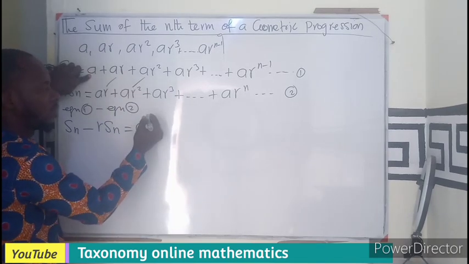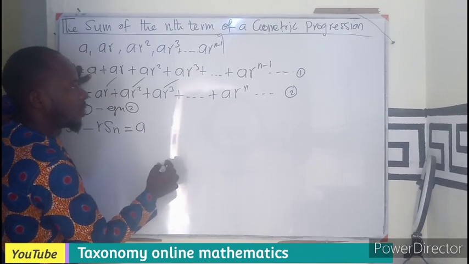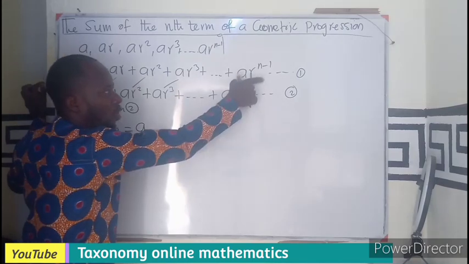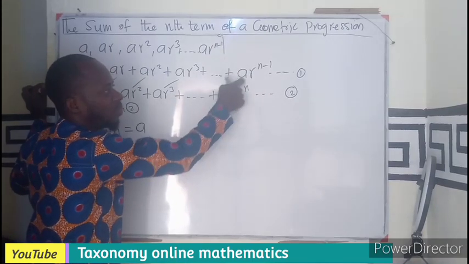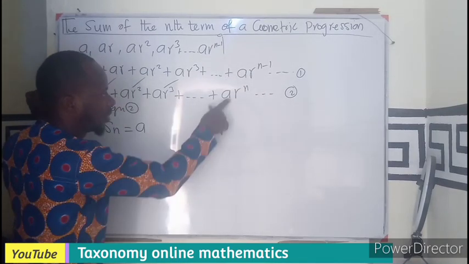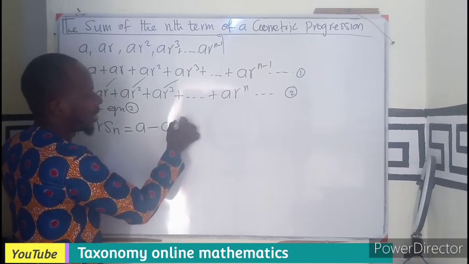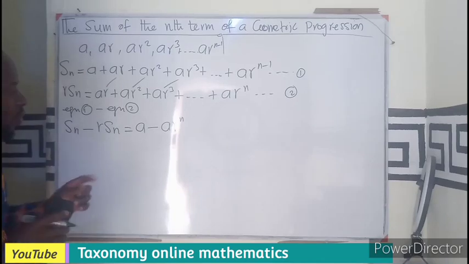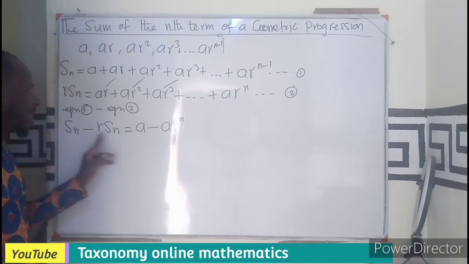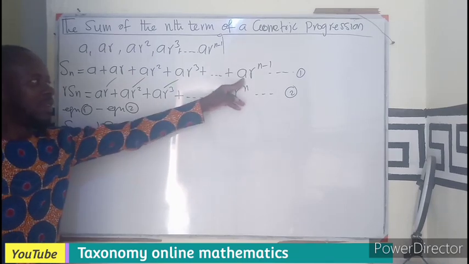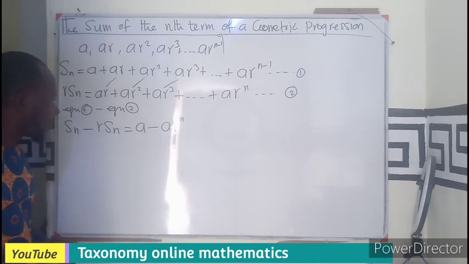This will also cancel since we are subtracting. This will cancel. The other terms in between will also cancel out, leaving only this. Since we are subtracting, minus ar exponent n, and the series of numbers being generated in between will take care of itself.